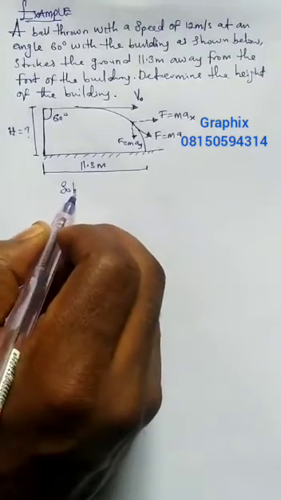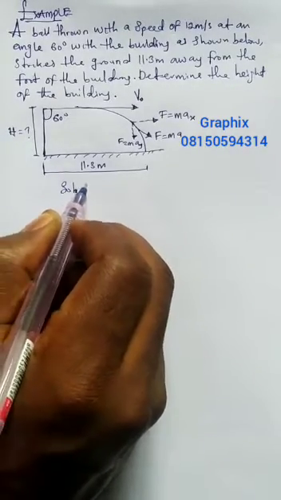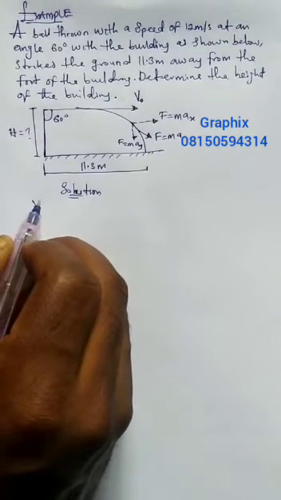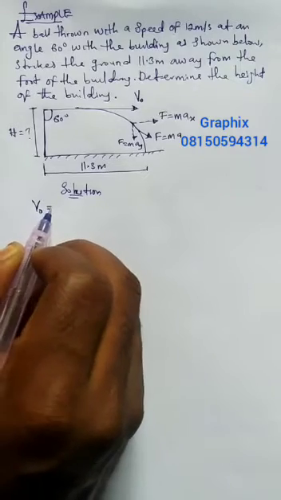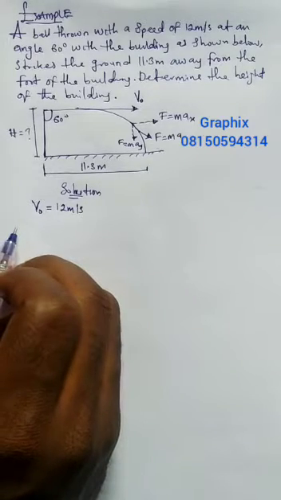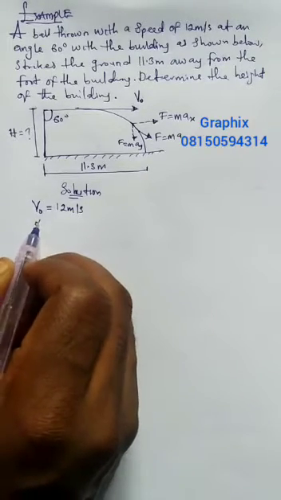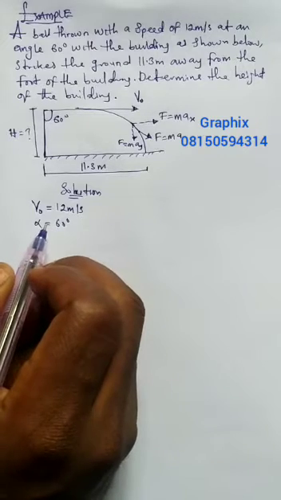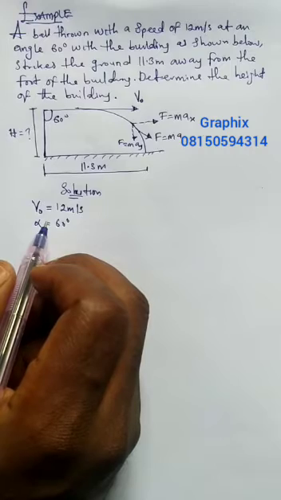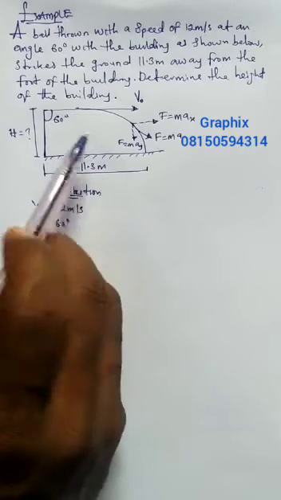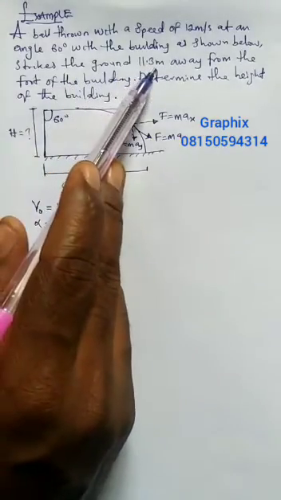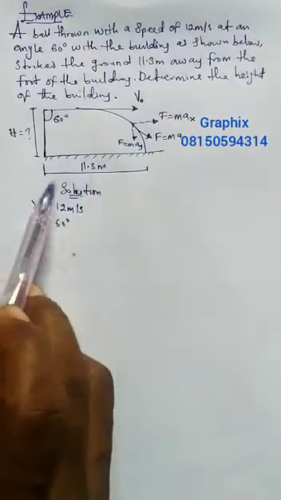Now, the solution is that the initial speed of the ball is given as 12 meters per second, at an angle alpha of 60 degrees with the building, as shown below. It strikes the ground 11.3 meters away from the foot of the building.